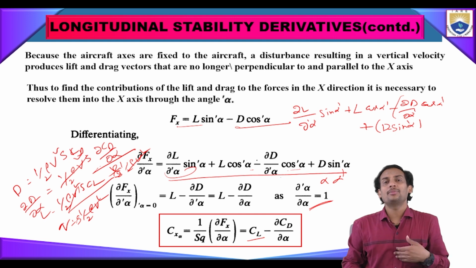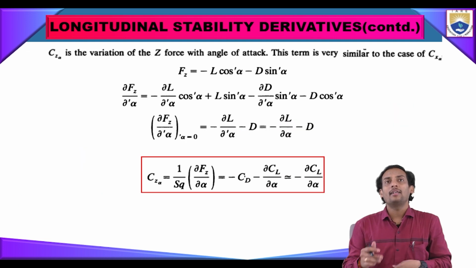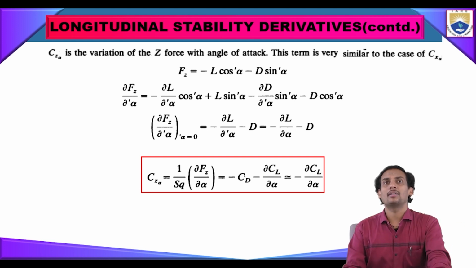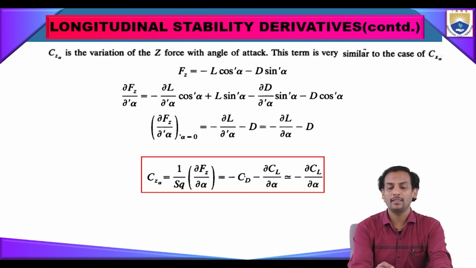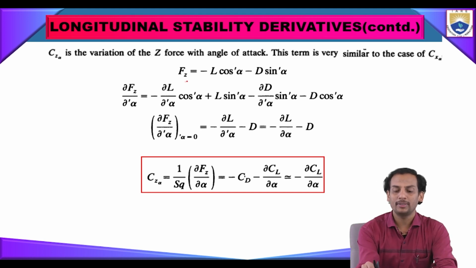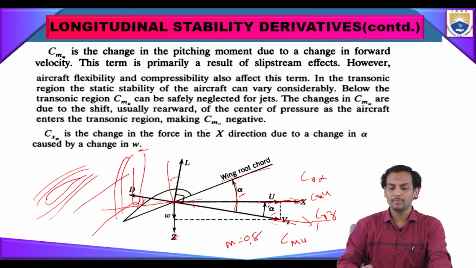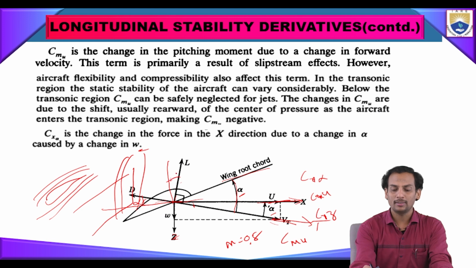Okay, so this is for CXA. And then CZA, the same notation, but in the Z direction. What will be the force equation? The Z direction values we have given here. This is in the reverse direction, and this will be alpha prime.